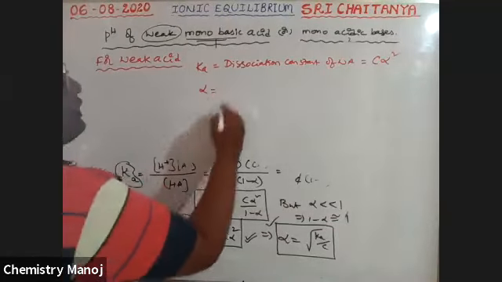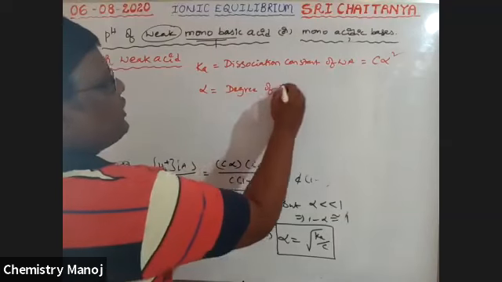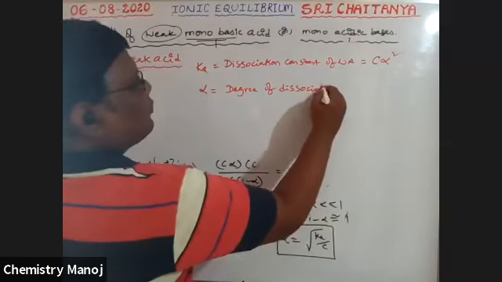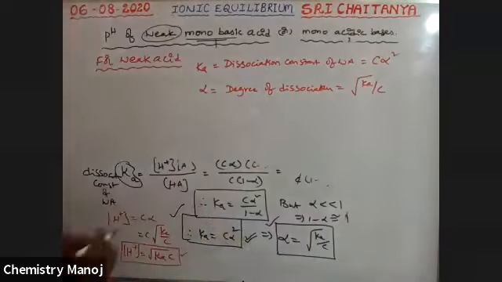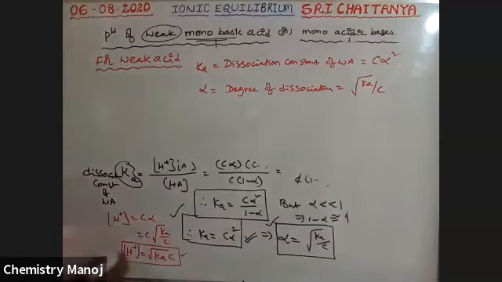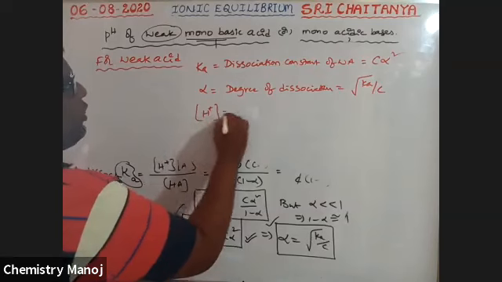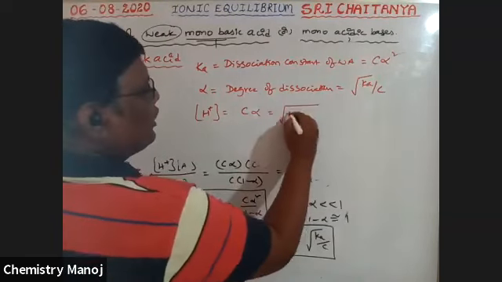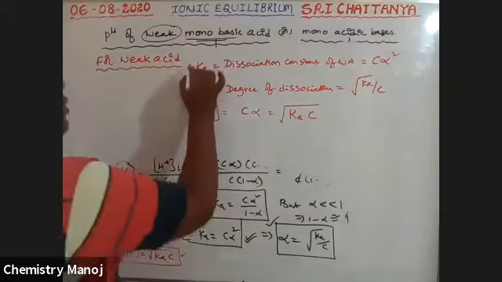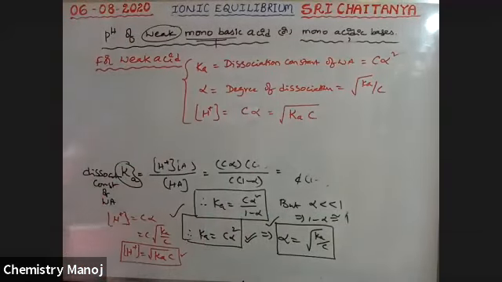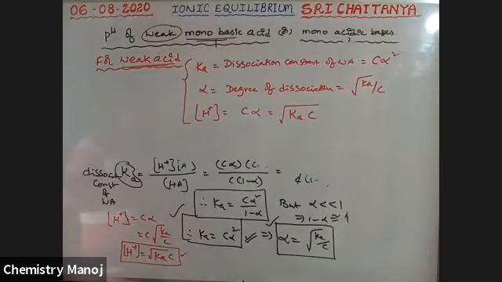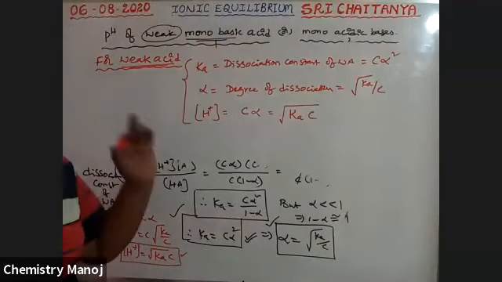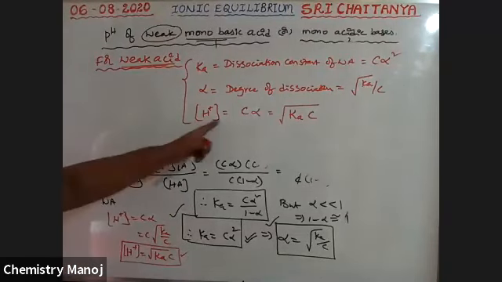Next, alpha, which is the degree of dissociation, is equal to under root Ka by C. Next, H plus concentration is equal to C alpha, which is equal to under root Ka into C. Please keep these formulas in mind. They are applicable for weak monobasic acids, and these are the formulas frequently used. So H plus concentration is this much.